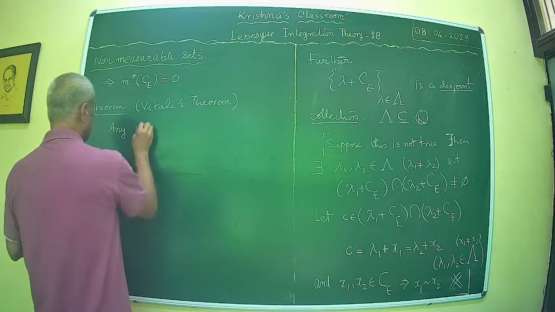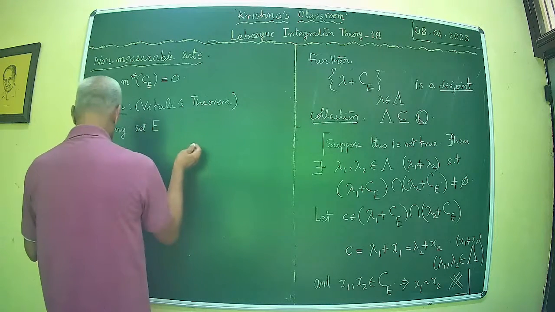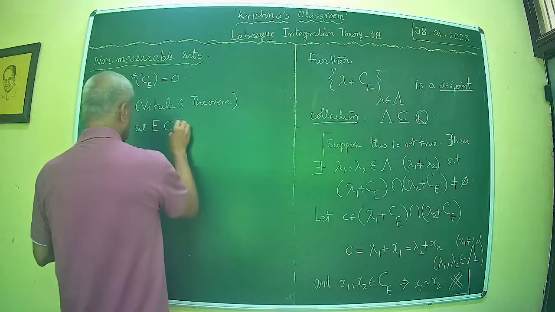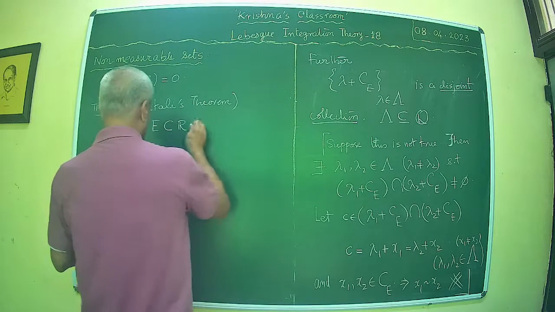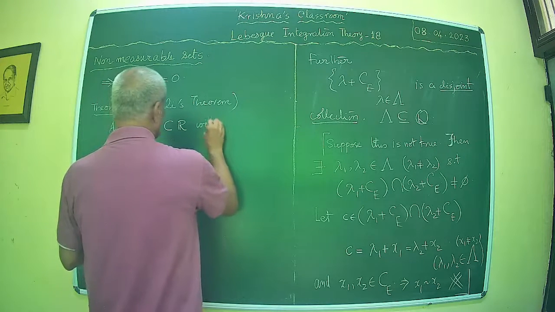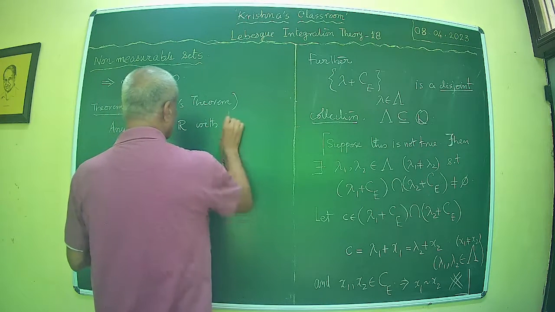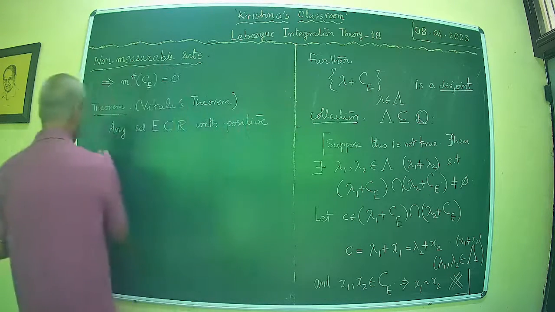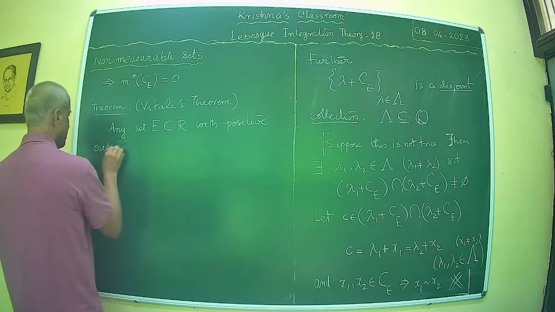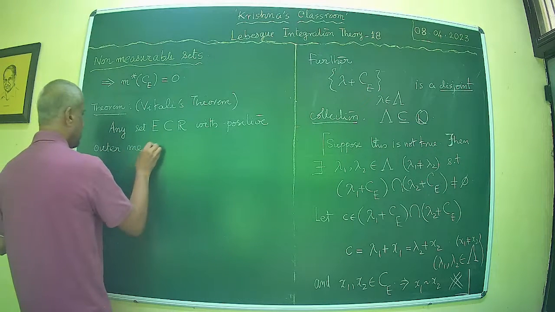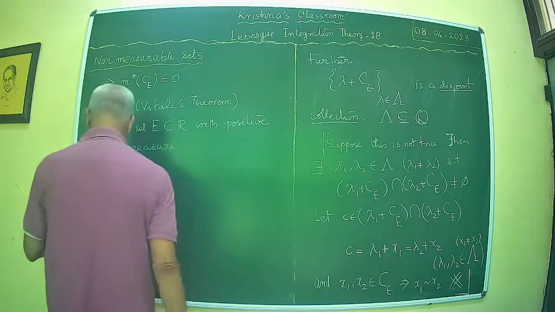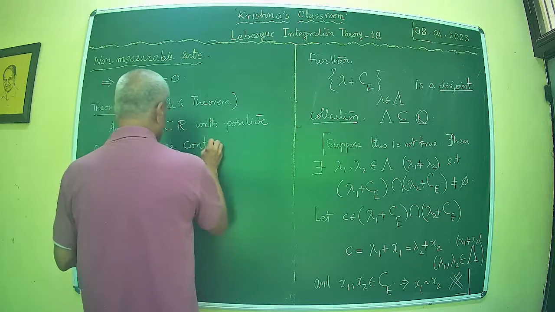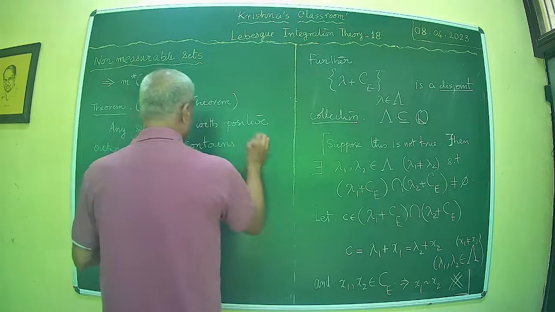Every set E of positive outer measure contains a non-measurable set.